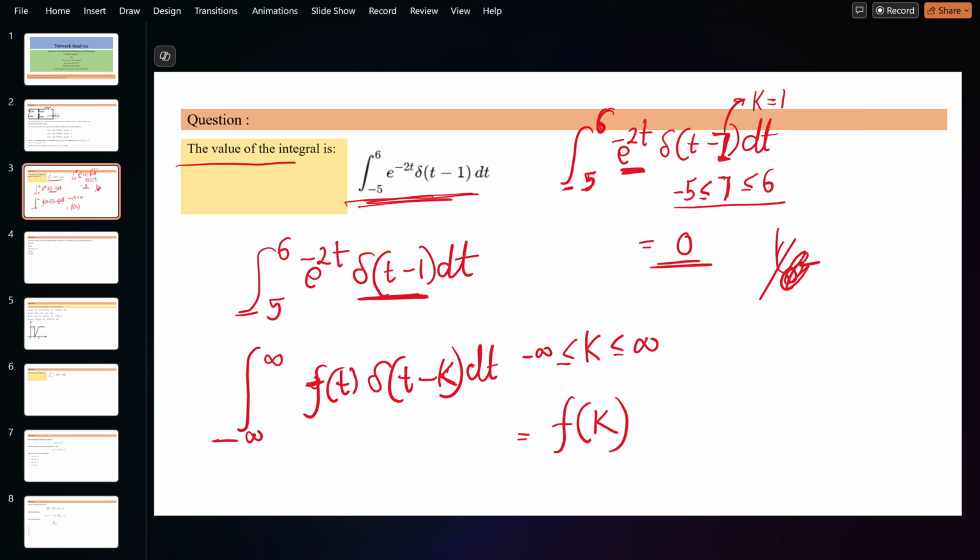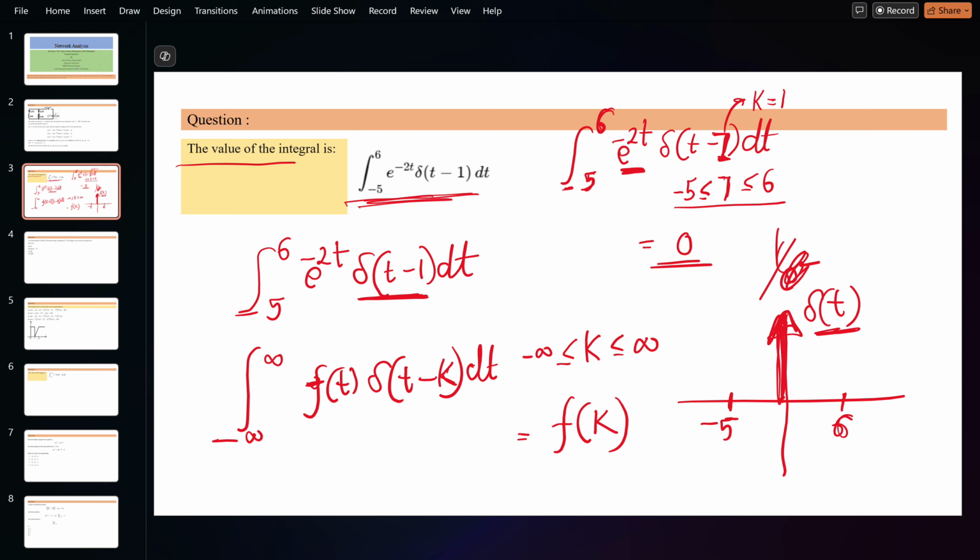Why am I saying that? Because delta t is usually like this, and you want to integrate in between minus 5 to 6, and its area, the delta t area, is usually 1.